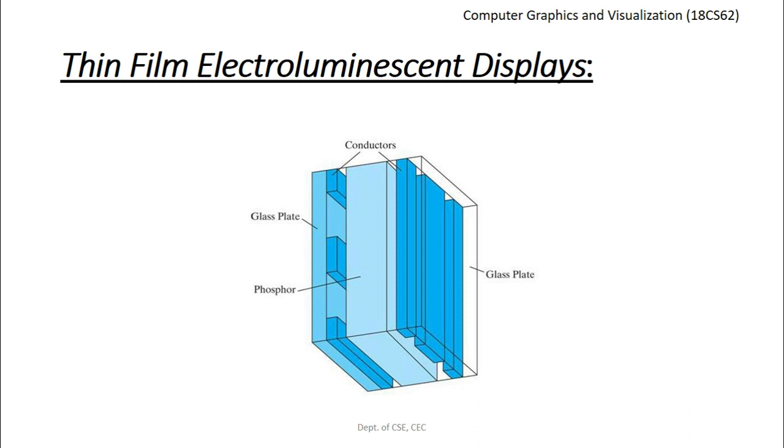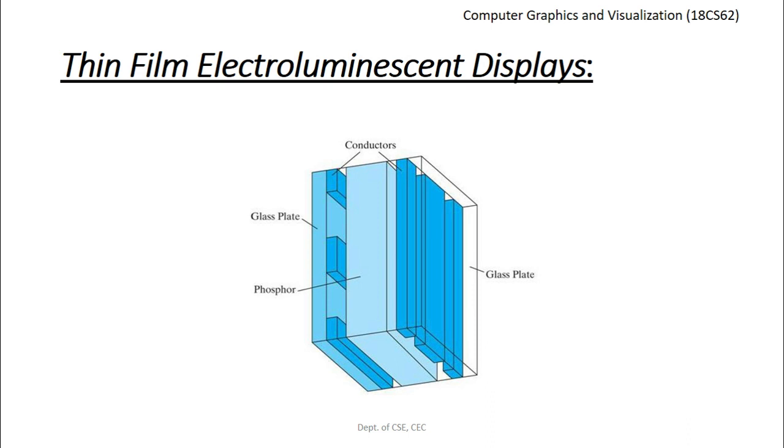When sufficient voltage is applied, the phosphor becomes a conductor in the area of intersection of the two electrodes. Electrical energy is absorbed by the manganese atoms, which then release the energy as a spot of light, similar to the glowing plasma effect in the plasma panel.